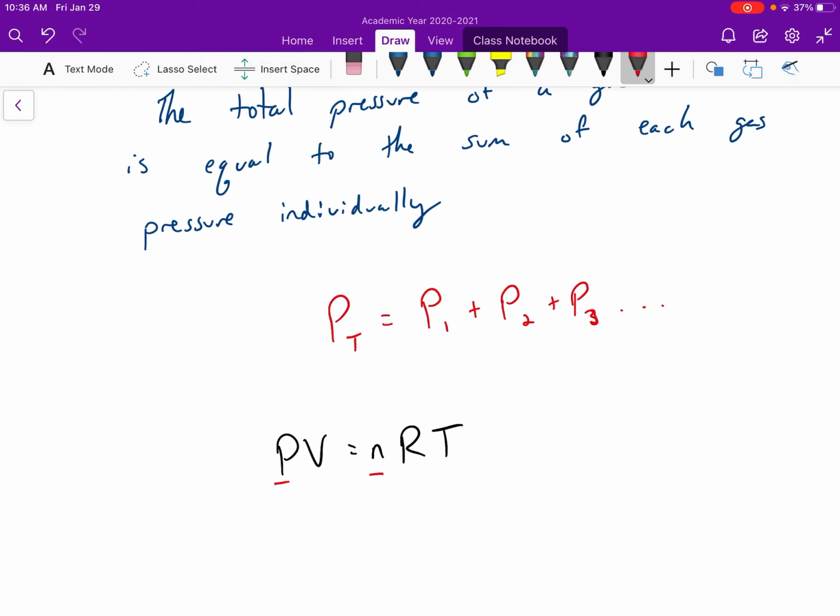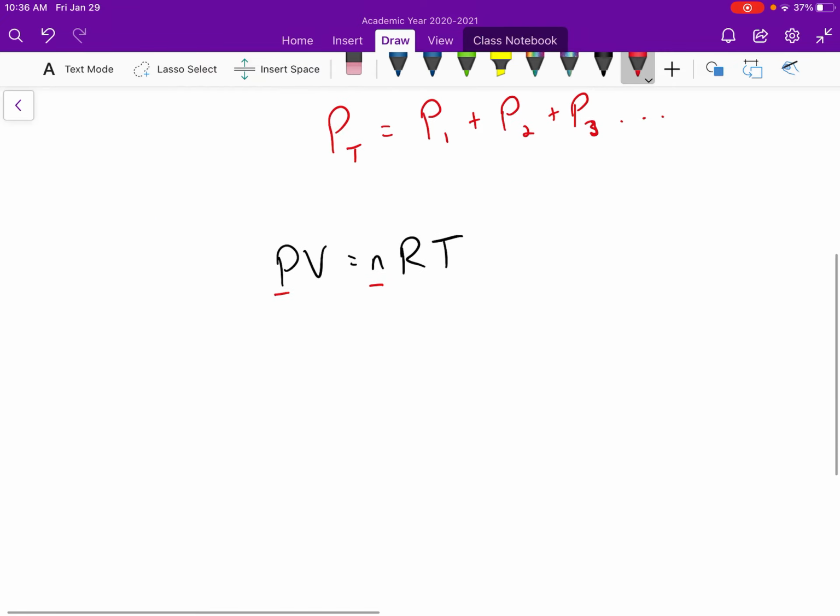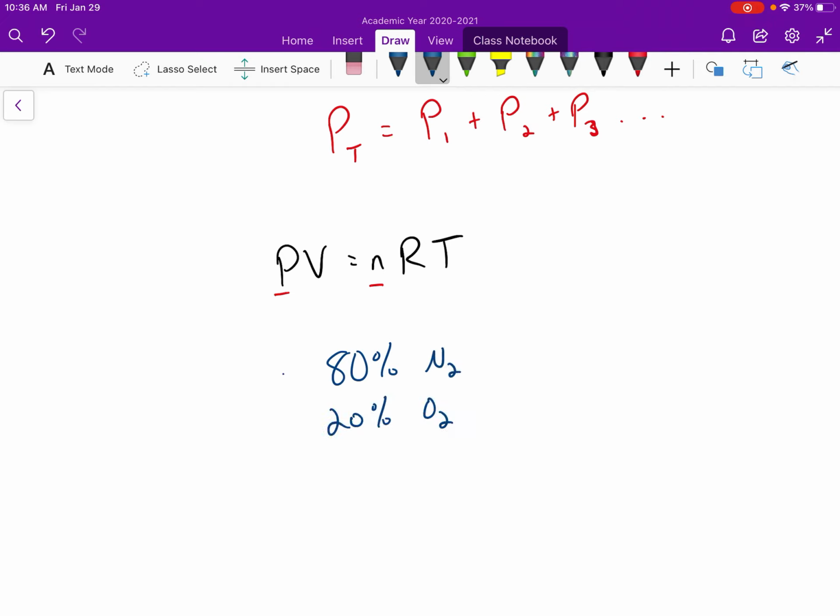More particles, more collisions, more pressure. So if pressure and moles are directly related, then that actually allows us to use the same fractions. So what I mean by that is, for example, our atmosphere is about 80% nitrogen particles and about 20% oxygen particles, right? This is air, give or take a percent of other stuff, right?